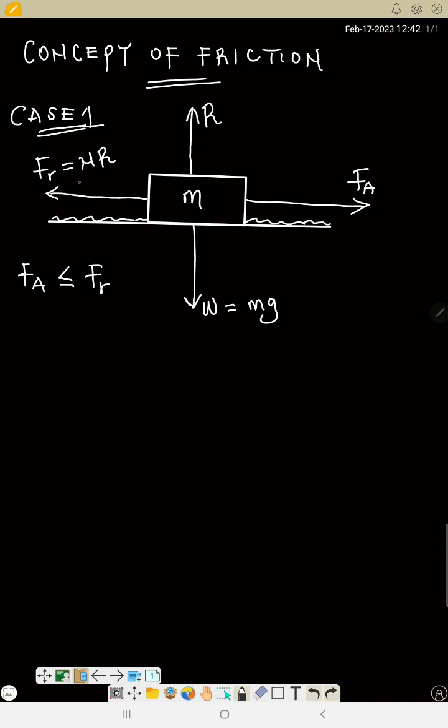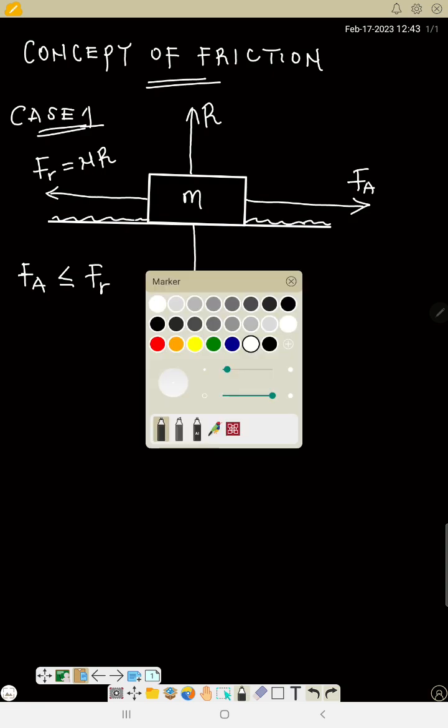Because if, for example, the frictional force here is 20, the force opposing your motion, and you are applying a force of 10, obviously this block cannot move, because the force you are applying cannot move this 20. So the force that can move this must start from 21 Newton. At least it will move a little, because if the force is equal, it cannot move. So that means for this block to move, Fa must be greater than Fr. If Fa is less than or equal to Fr, the block cannot move.